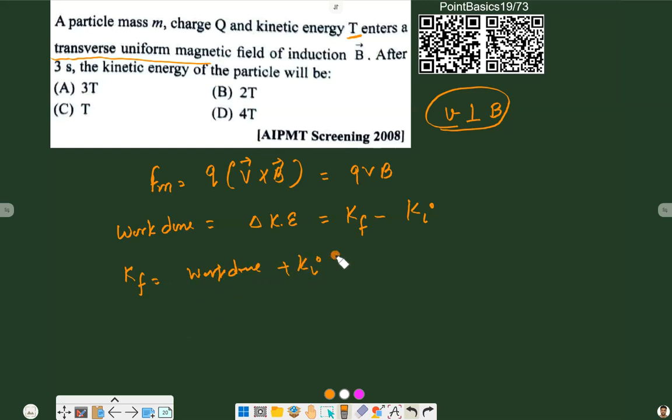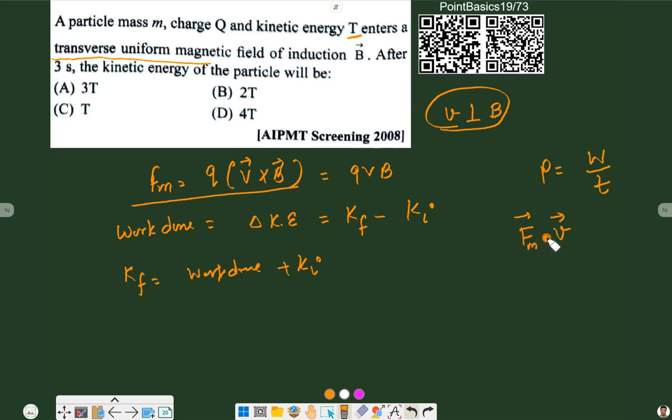Now we know that power is work done by time. So if we know the power and multiply it by time, then we will get the work done. And power is given by the dot product of force and velocity. And here force is magnetic force. And from this relation, we know that magnetic force and velocity are perpendicular to each other, meaning the angle between them is 90 degree.